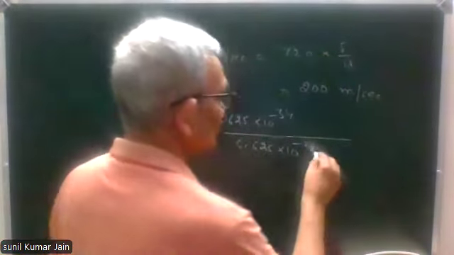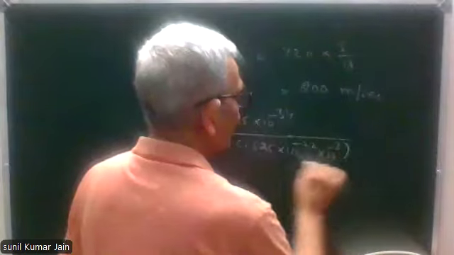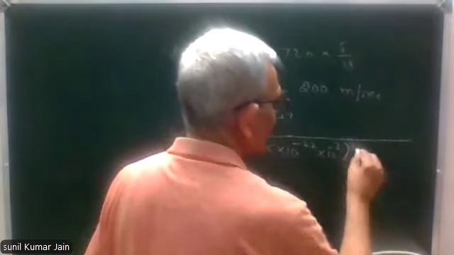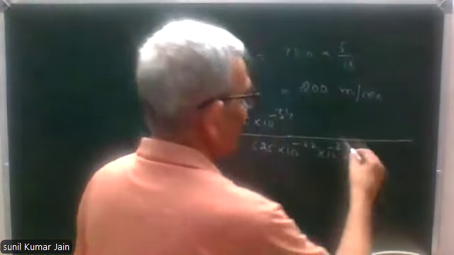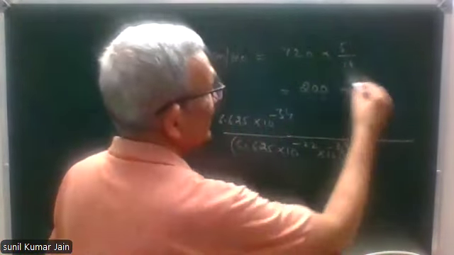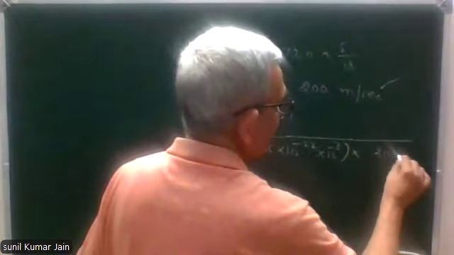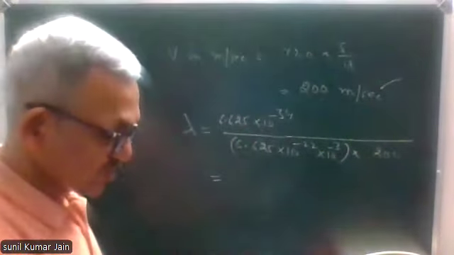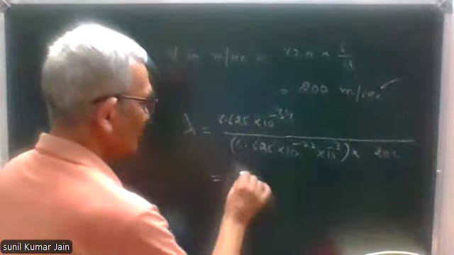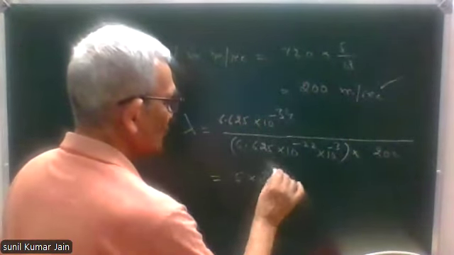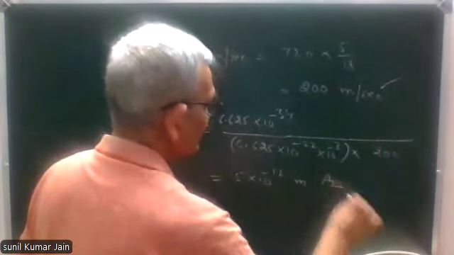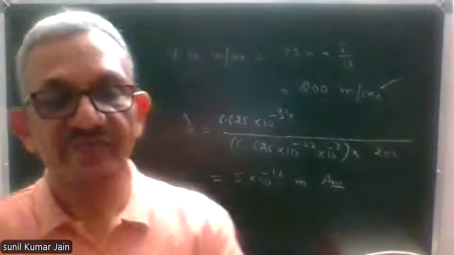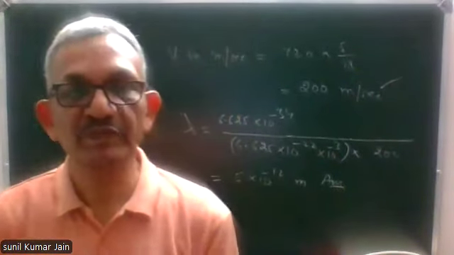Further divide by 1000, that is, into 10 to the power minus 3. This is the mass of the particle in kilograms. And divided by velocity in meters per second, 200. This will come out to 5 into 10 to the power minus 12. Answer will be 5 into 10 to the power minus 12 meter.